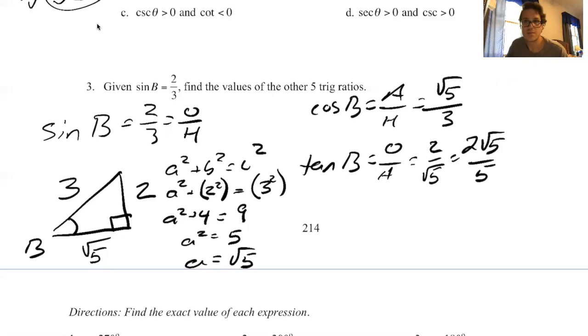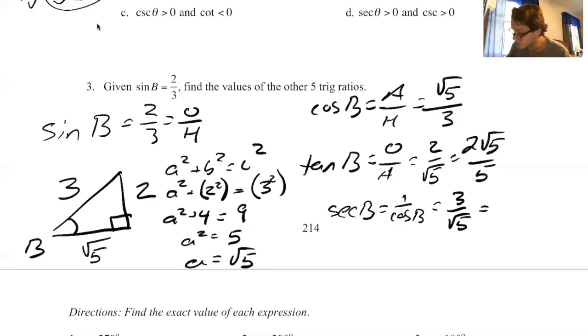And now we just need the reciprocal functions, but that's easy once we already have the values of the regular ones, right? So we'll say secant of B, well, that's 1 over cosine of B. If cosine is radical 5 over 3, then its reciprocal is 3 over radical 5. Or again, rationalizing, that's just equal to 3 radical 5 over 5. Okay, and same idea. Cosecant of B, CSC, is 1 over sine.